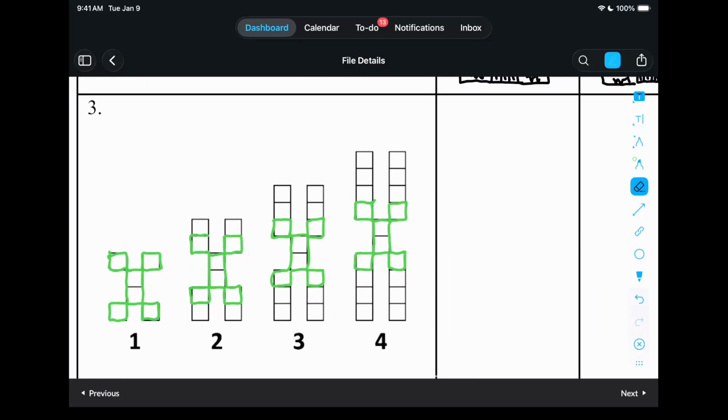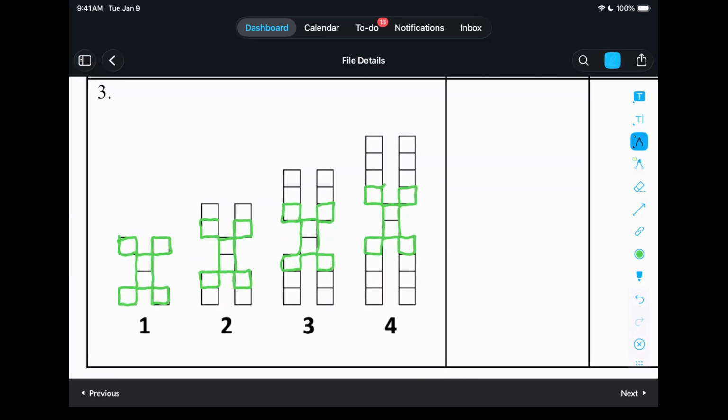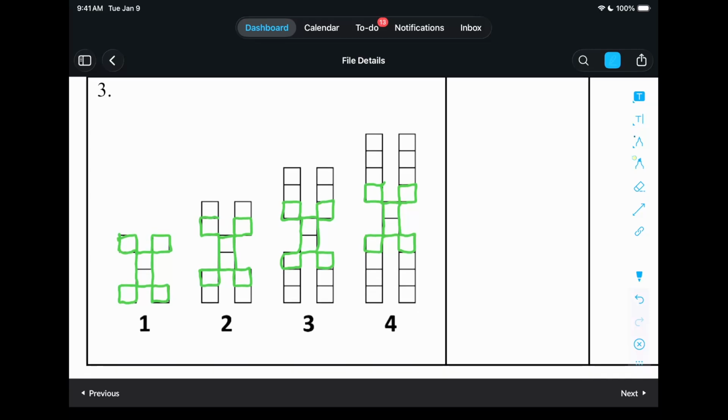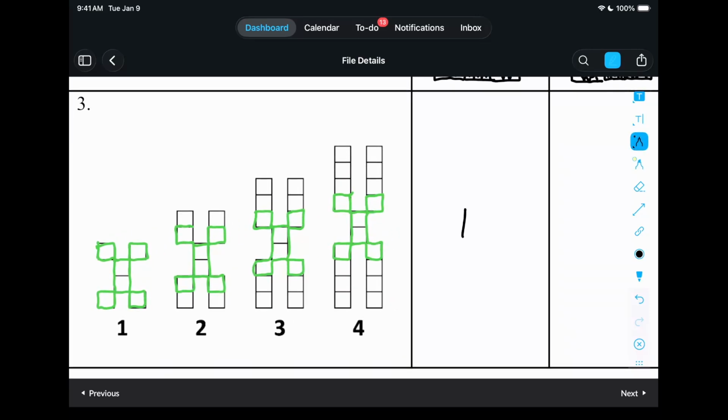Okay, so finding our 100th figure, we have 1, 2, 6. We have 6. So we have our 2 in the middle. Then we have 1 here, 1 here, 1 here, 1 here, and these are each 1.